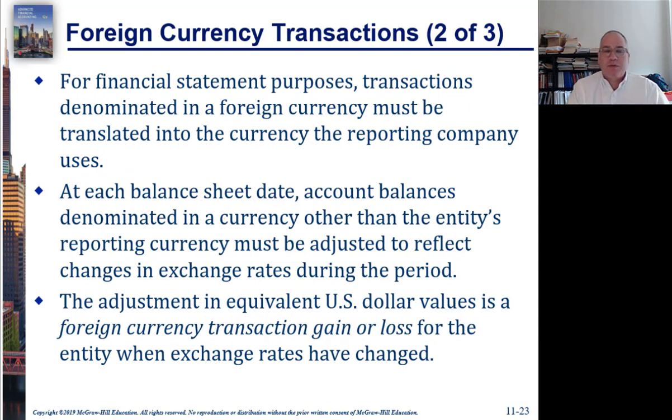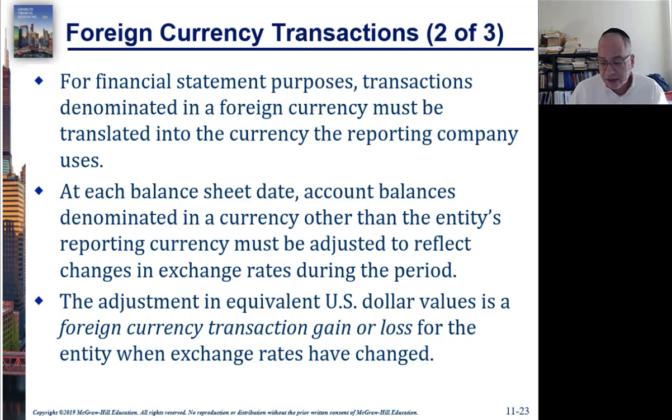And this is actually very simple. For financial statement purposes, transactions denominated in a foreign currency must be translated into the currency that the reporting company uses. So if you're in the United States and you're transacting in euros, then you need to translate your transactions from euros into US dollars. And any balances that you have on your balance sheet need to be adjusted as of the balance sheet date to US dollars.